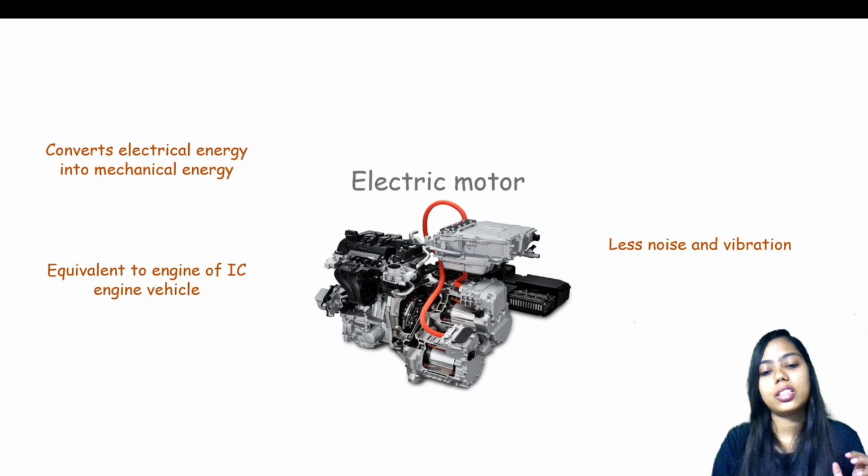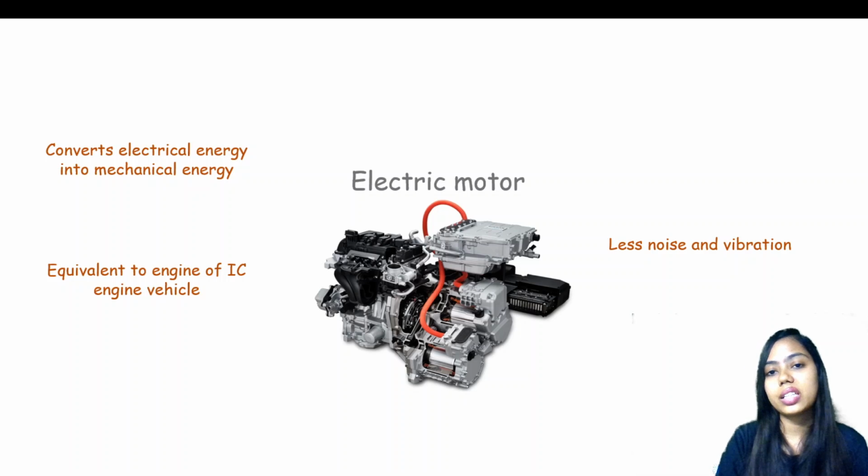And coming to the advantages of electric motors, it gives quiet and comfortable operation compared to conventional vehicles, because electric motors are less noisy and have less vibration compared to IC engines.